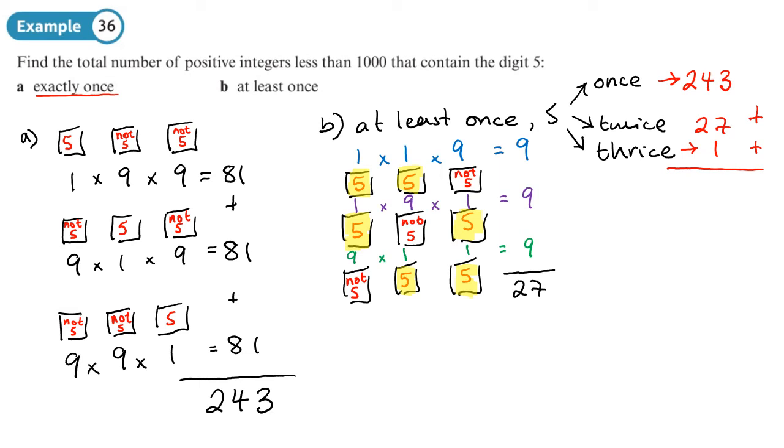So all we need to do is to add those up and we get our answer. So we've got 243 plus 27 plus 1, and I get 271. Now there are other ways of doing this, but basically we've got 271 ways. So there's the answer for B, and there's our answer for A.